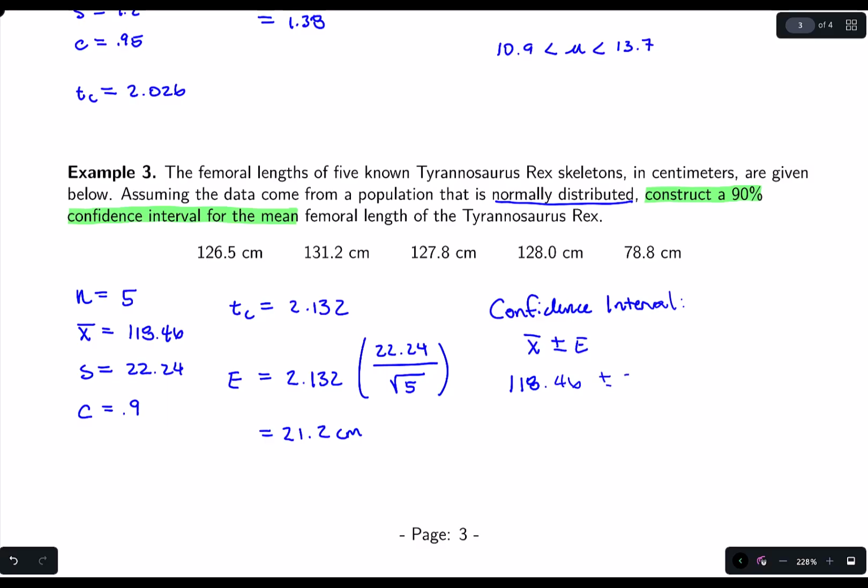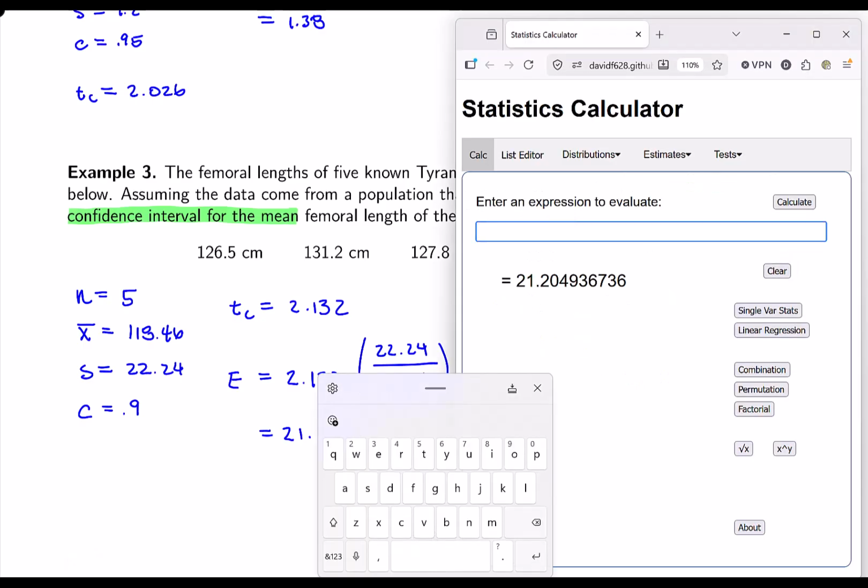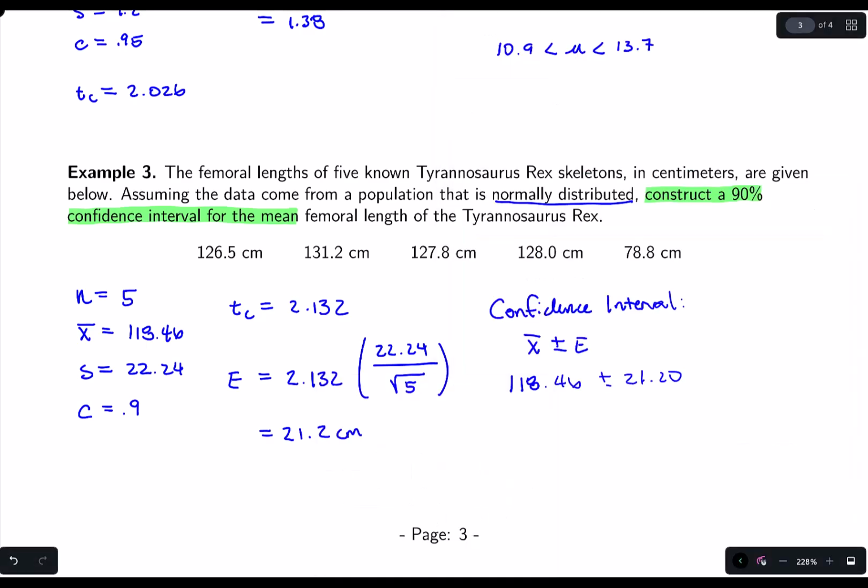Plus or minus 21.20. All right, but I would need to take 118.46 minus that. So 118.46 minus the 21.20, which is 97.26.